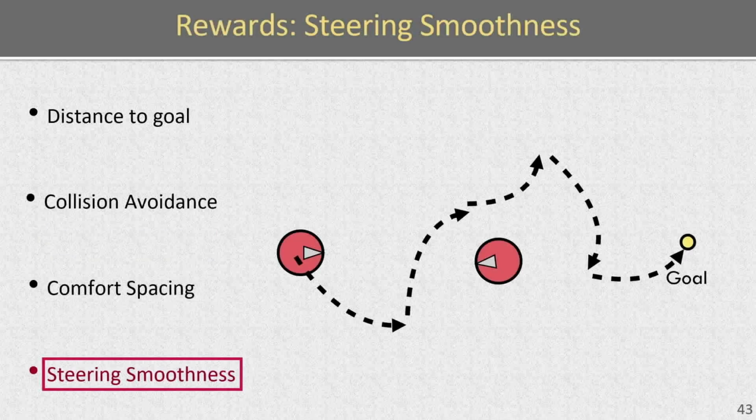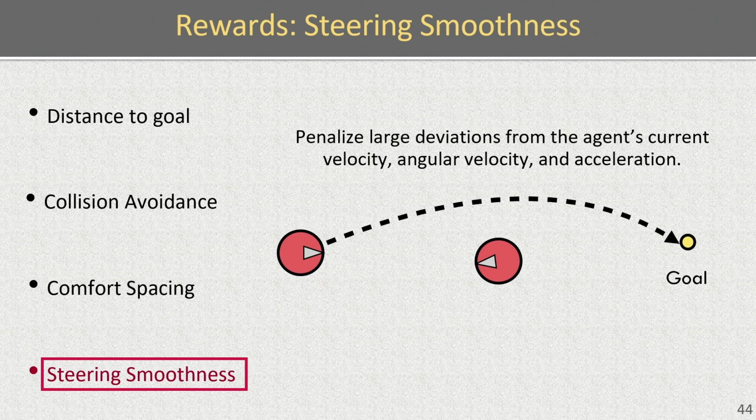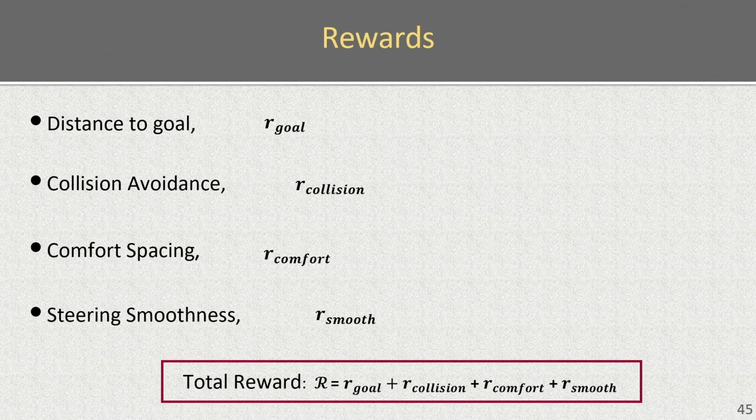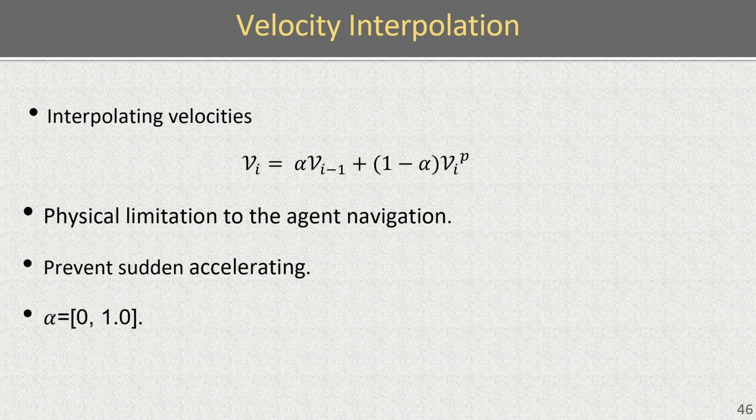Finally, we have a smoothness reward term, where we penalize large deviations of velocity, angular velocity or acceleration to maintain a smooth predictive motion of the agents during navigation. The final reward is the cumulative reward of all the reward terms.